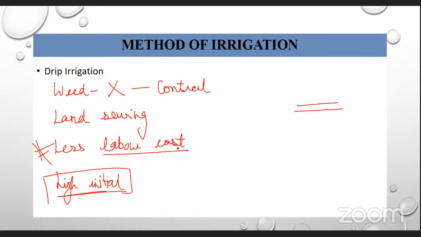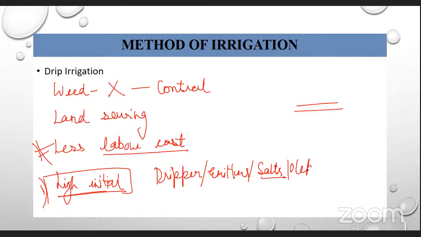Okay. And we have discussed the advantages, but as we are having some advantages, we will be having some disadvantages also, in which the first one I have told you, the high initial cost. And usually these drippers, or you can say the emitters, are going to be blocked by the salts of the water or any debris or any other things.